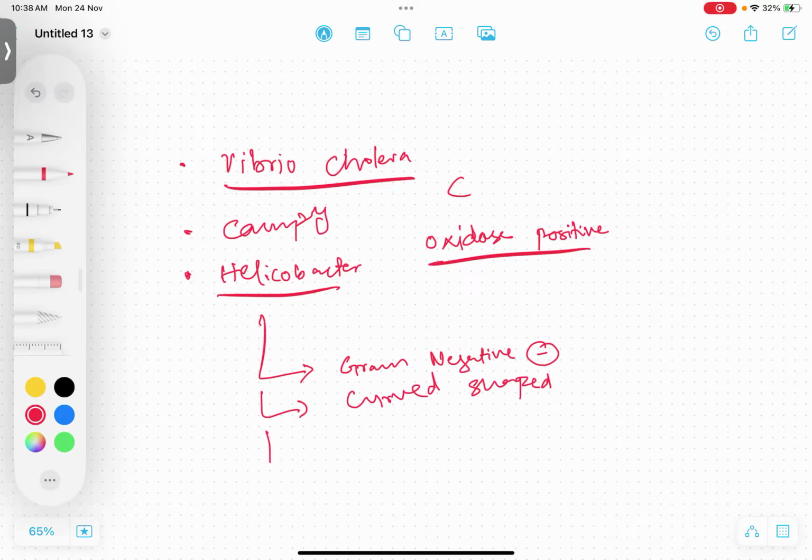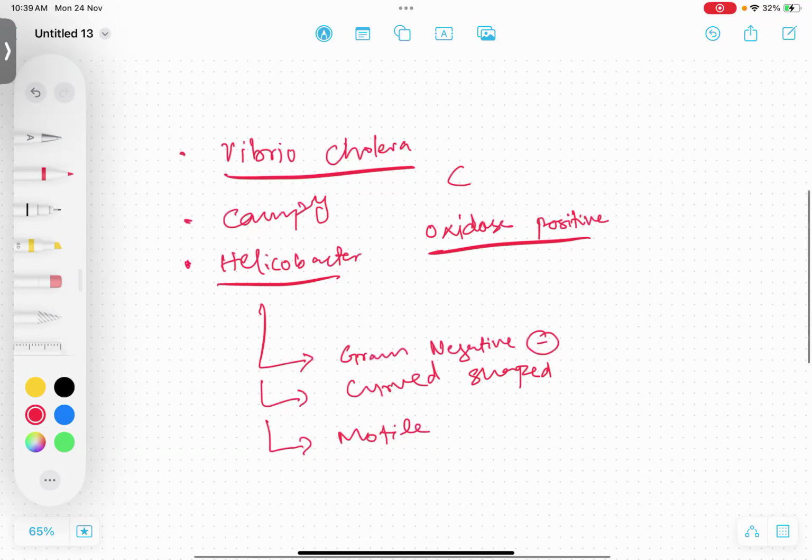It's also a motile organism. It has flagellar movement using these flagella, so it can propel itself.